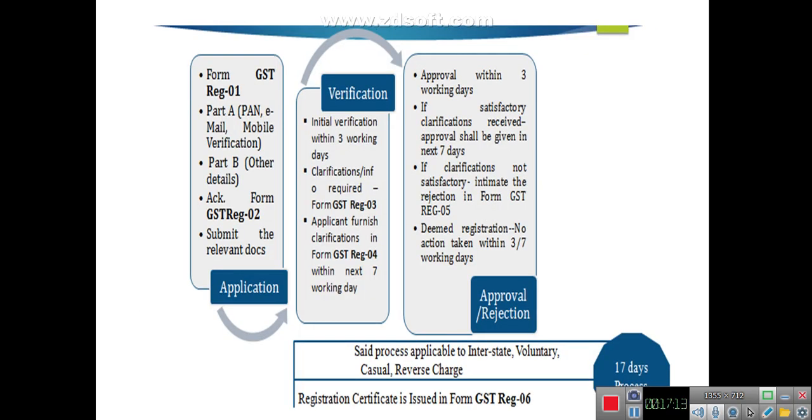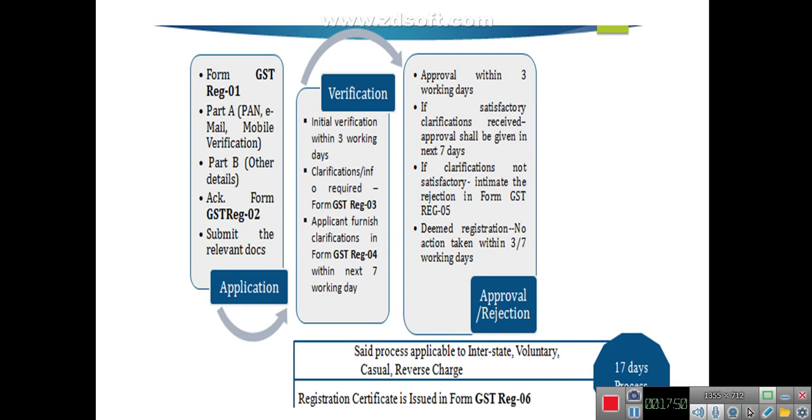If we talk about the registration process, first the supplier has to apply for registration in form number GST REG-1. The form GST REG-1 is divided into two parts. In Part A, you have to fill in the requirements regarding PAN number, email, mobile verification, etc. And Part B will include other details regarding the business.